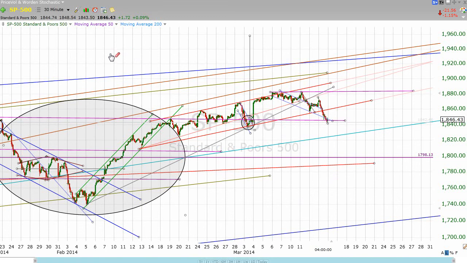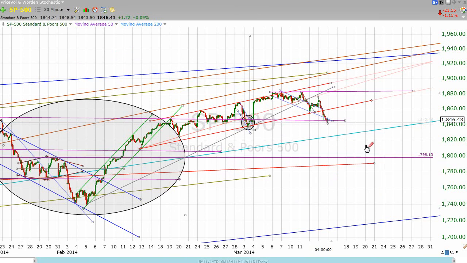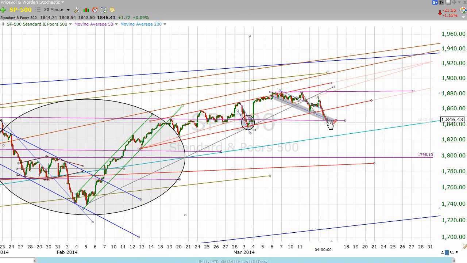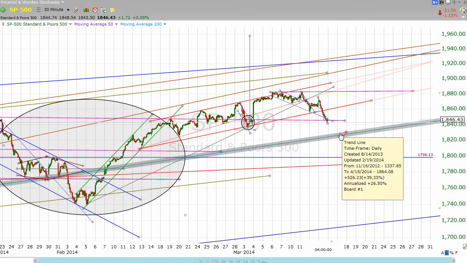So I would say on average a day like today usually represents a buying opportunity. But let's just see if this neckline holds. If it does hold, then we had a buying opportunity today. If it doesn't hold, then let's see if we get picked up down here in the 1820s.